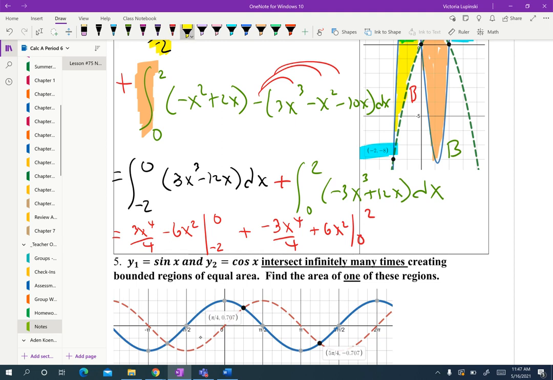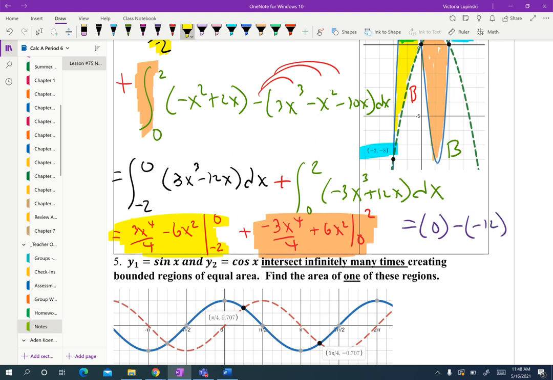Just to reiterate, this here gives me the area of the yellow region, and this here gives me the area of the orange region. So you would want to calculate each of those pieces. If I do the yellow piece, and you plug a negative 2 in for all those x's, you're going to get 0 minus negative 12.